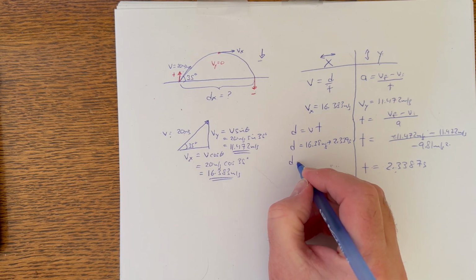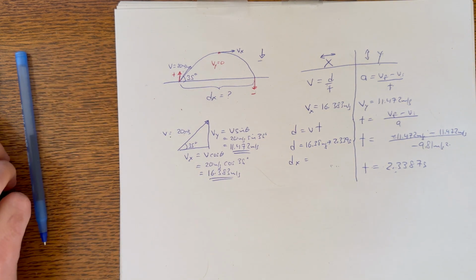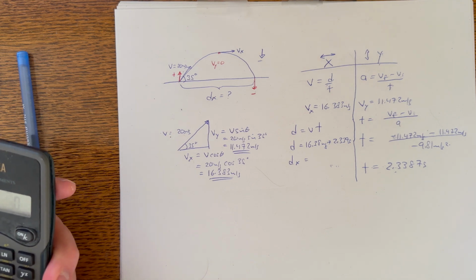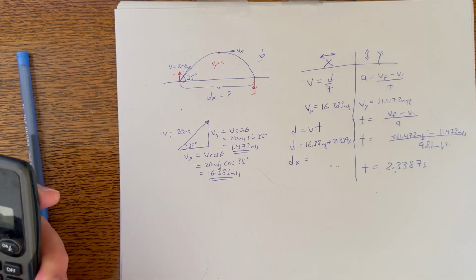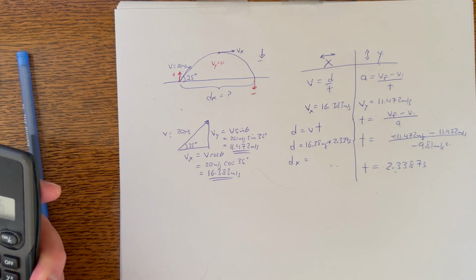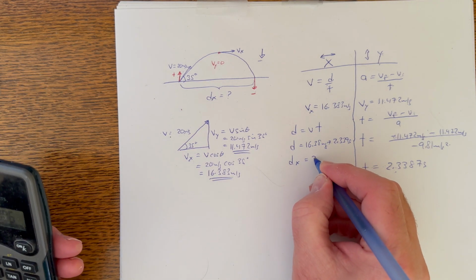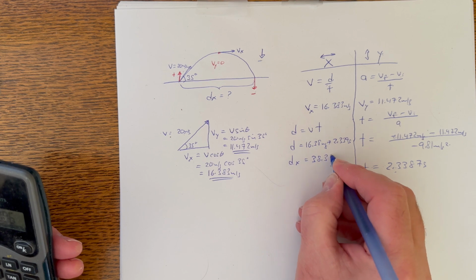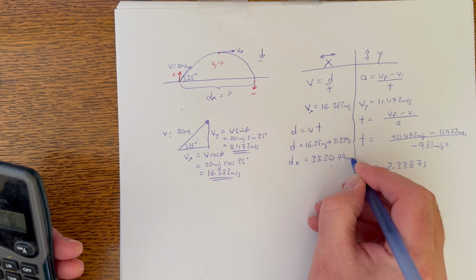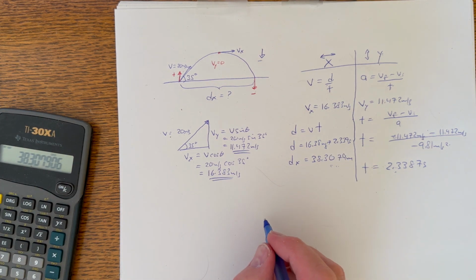The x dimension, the range, therefore is going to be 2.3387 times 16.383. It's going to be equal to 38.3079 meters.